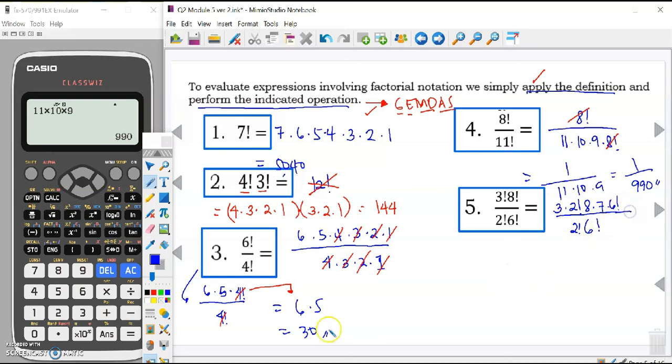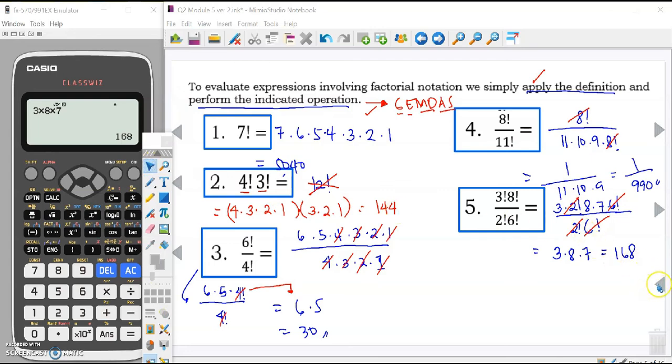In that case, we can cancel 2 factorial and 6 factorial. That will leave us with a numerator of 3 times 8 times 7. Since the denominator is 1, no need to write. So what is 3 times 8 times 7? The answer would be 168. So the expression given in number 5 is equal to 168.